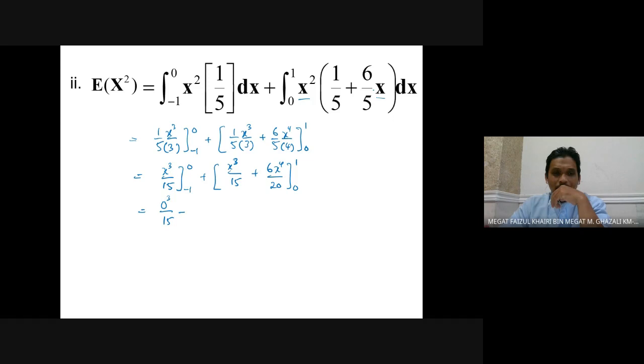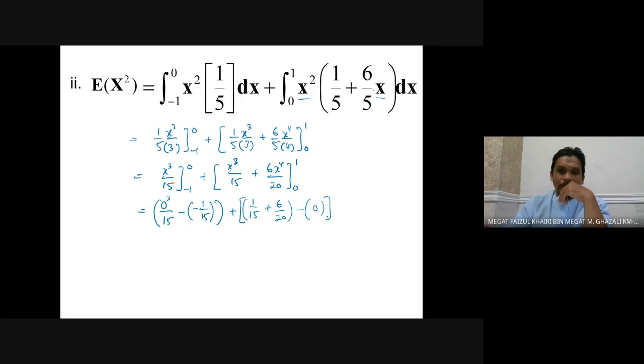X equal to -1, -1 cubed is -1 over 15. Plus, x equal to 1. 1 cubed is 1, 1 over 15 plus 1 to the power 4 is 1, 6 over 20. Minus x equal to 0, everything goes to 0 here. So then this is 0 and this is 0.